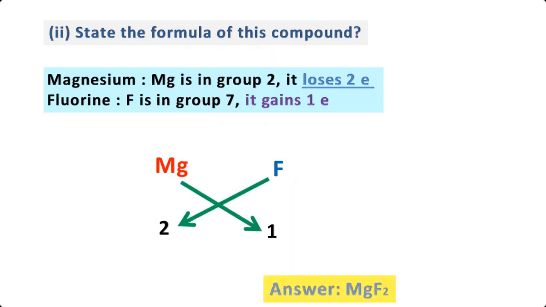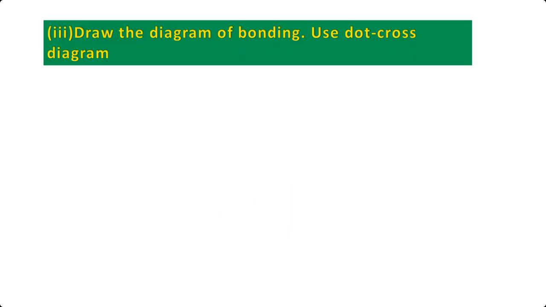Then we got magnesium fluoride, MgF2, which is the formula. As we know, the formula is MgF2, which means we have to draw 1 magnesium atom and 2 fluorine atoms when we draw the bonding.